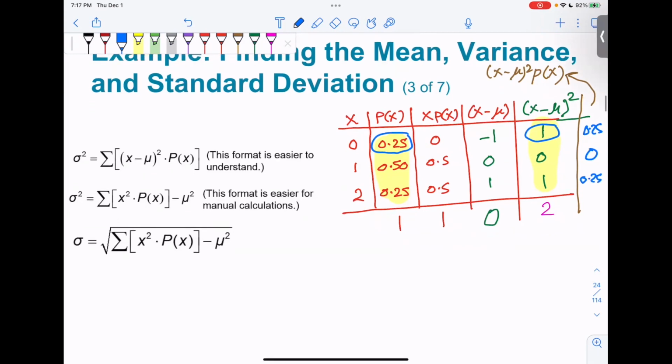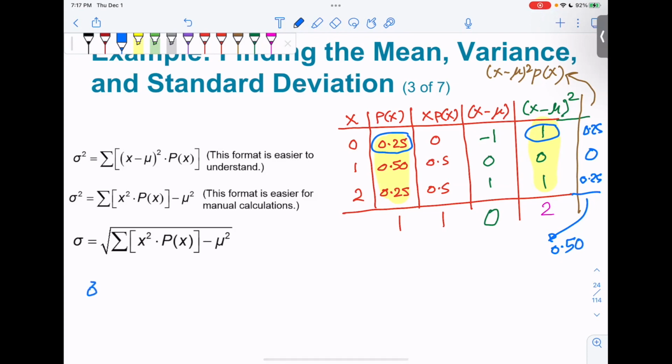And then take the summation, which is the summation of this column. The summation equals 0.5, right? 0.25 plus 0.25 equals 0.50 or 0.5.